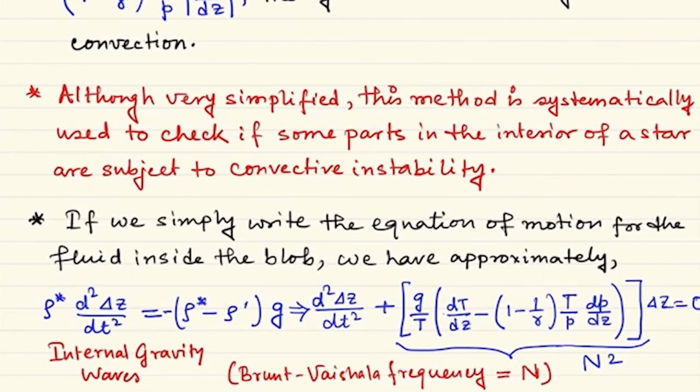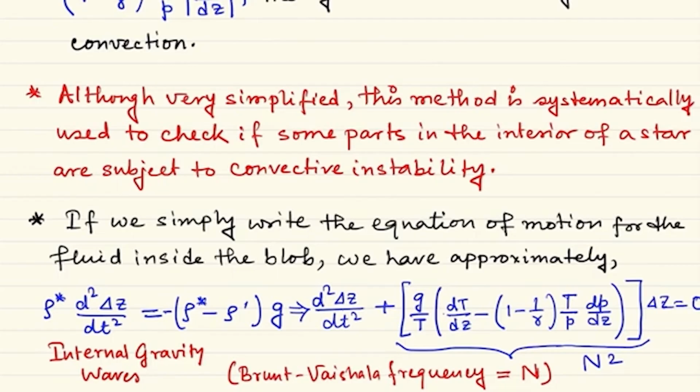If this is positive, then it is nothing but the square of a frequency, the frequency of the oscillation. You can check that this is known as the Brunt-Väisälä frequency.